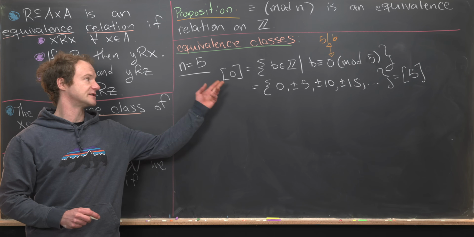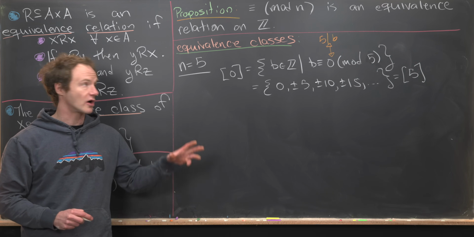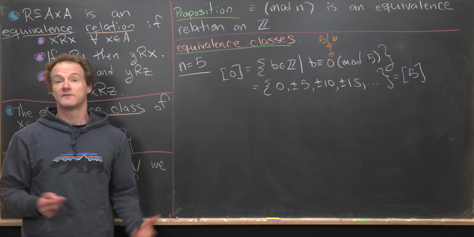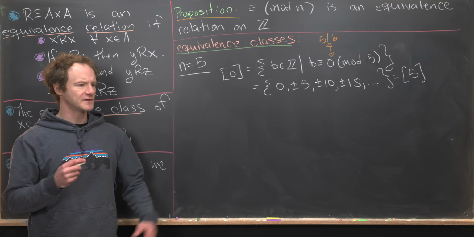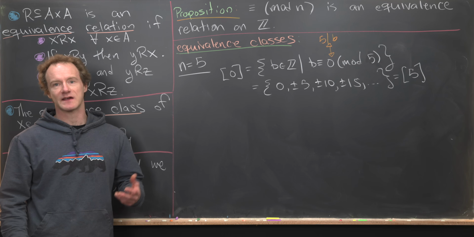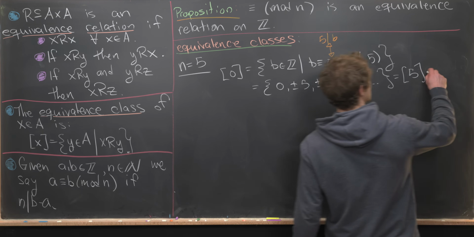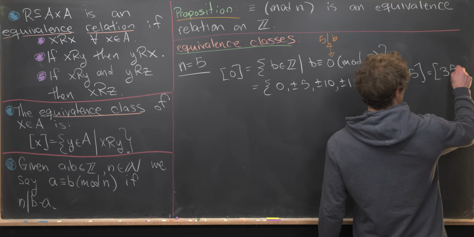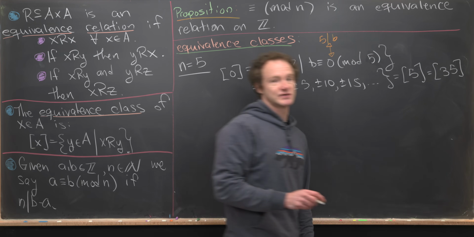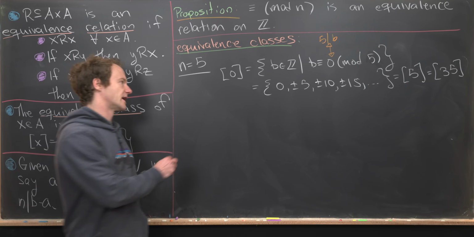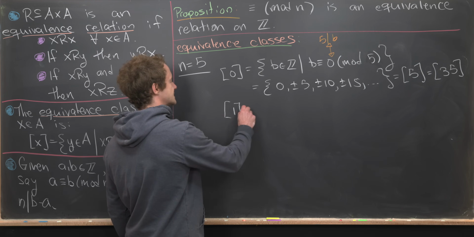So the equivalence class of 0 and the equivalence class of 5 are the same modulo 5 in this case. And we proved a more general version of a statement like this in the previous video if you guys want to check up on that. Notice this is also going to be the same thing as the equivalence class of 35, and then so on and so forth. Okay, well, let's look at maybe the equivalence class of 1.